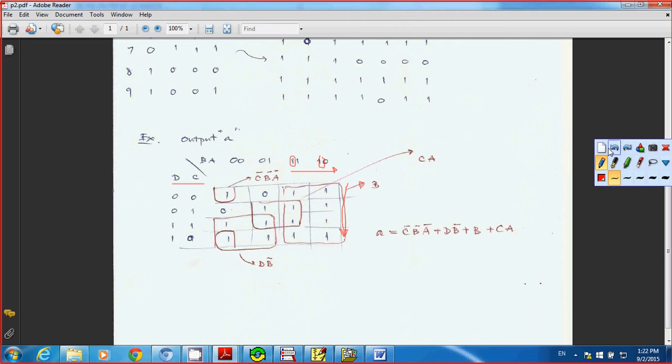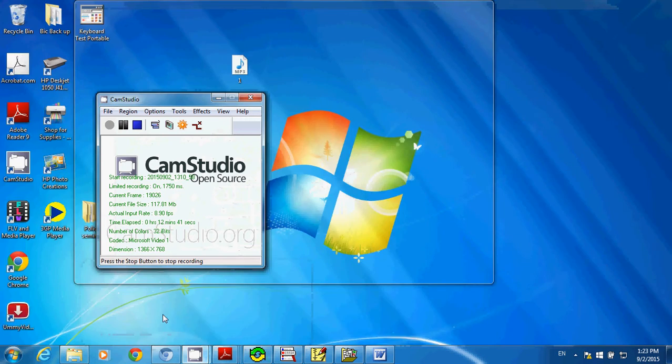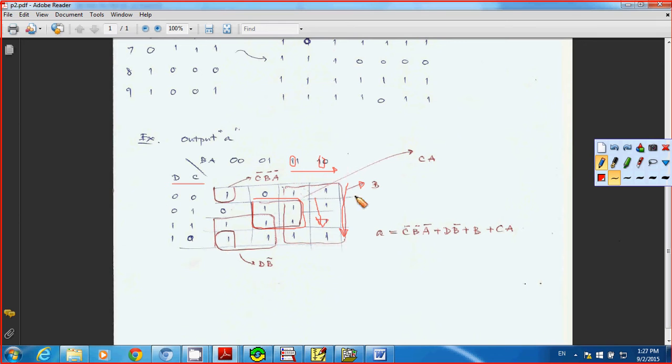Okay, now move on to another step. Let's take a look at this one. You look from the top to the bottom here, and you can see that what doesn't change is C, correct?